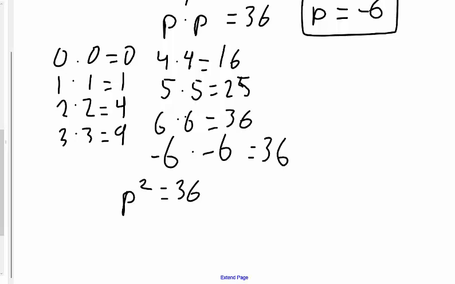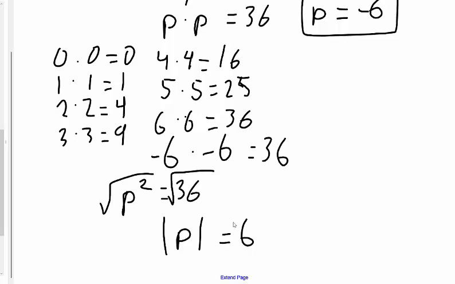So we're going to take the square root. We take the square root of both sides. Now, the rule says the square root of something squared is something you may remember called the absolute value of a number. Square root of 36 is 6. But the absolute value, remember, takes away the sign.